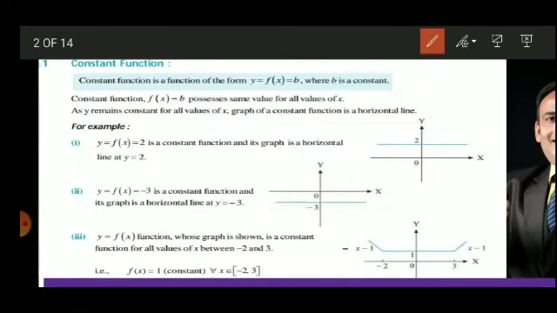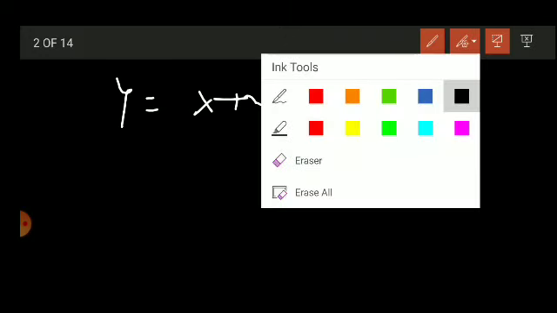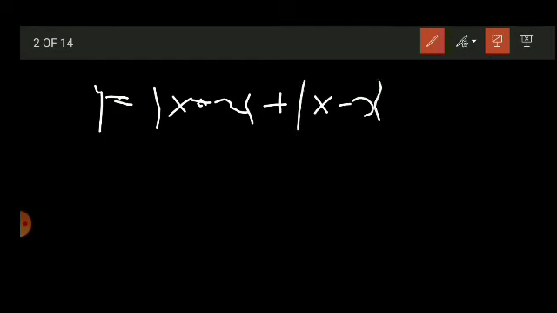Suppose we take another example like this one: y equal to mod of x plus 2, plus mod of x minus 3. The critical points here are -2 and 3.